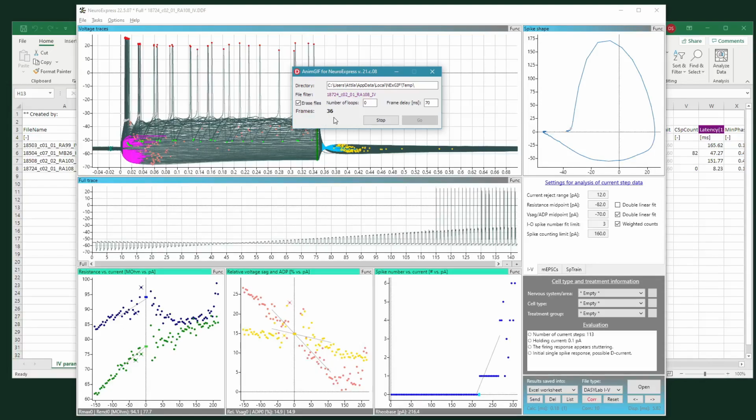So in this case, the program will use 113 frames, 113 current steps, but it will go from the most negative to the most positive first, and then it will walk back. So this will take some time, because the total number of frames is 2 times 113. So let's wait until it's done, and I will show the result after it is finished.